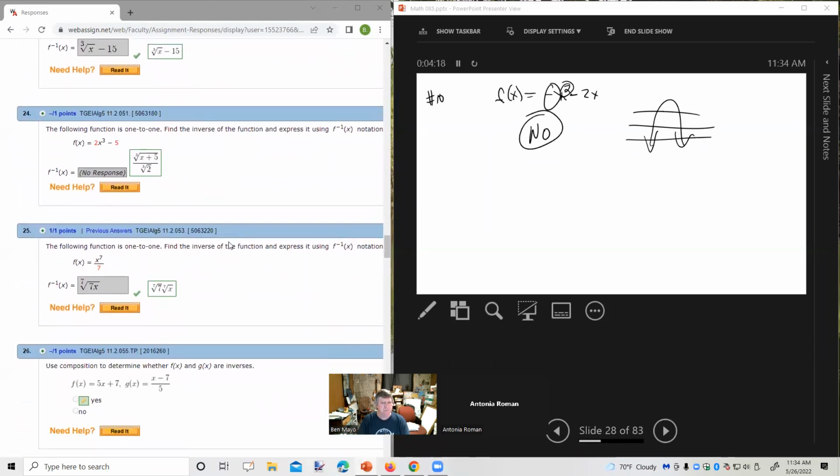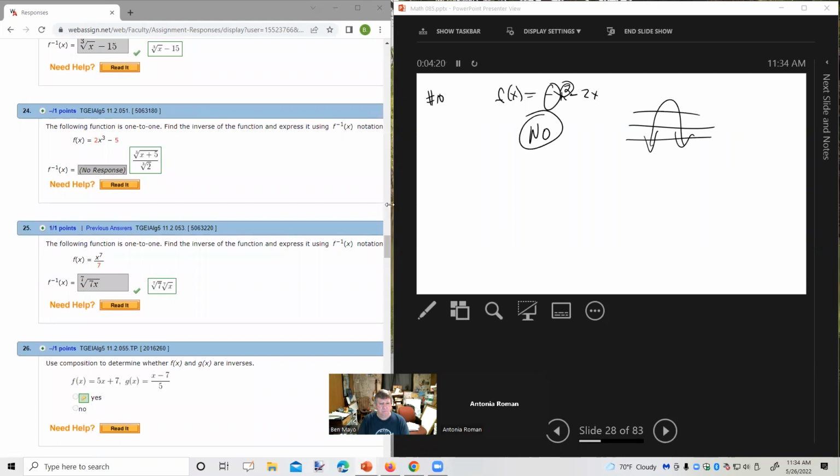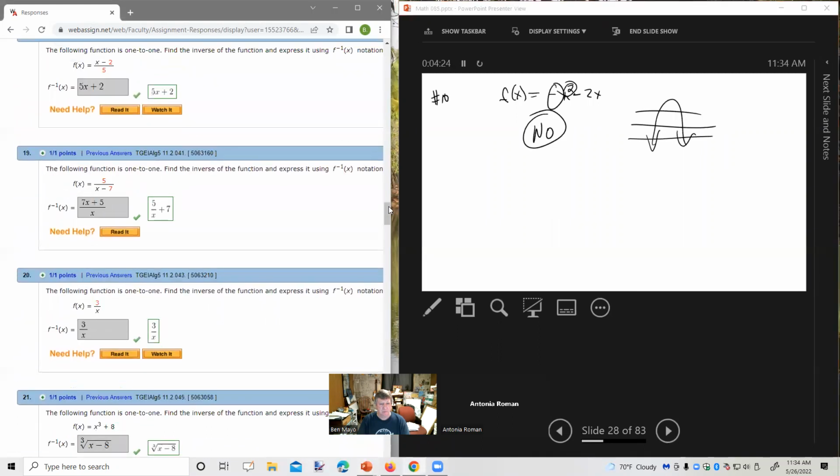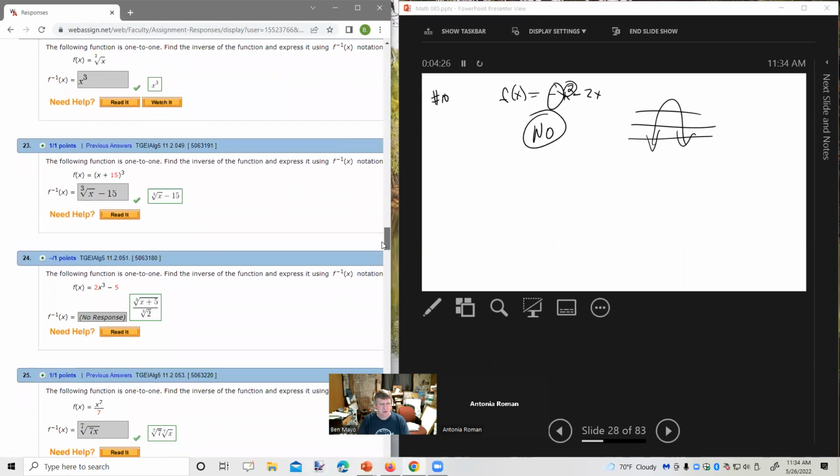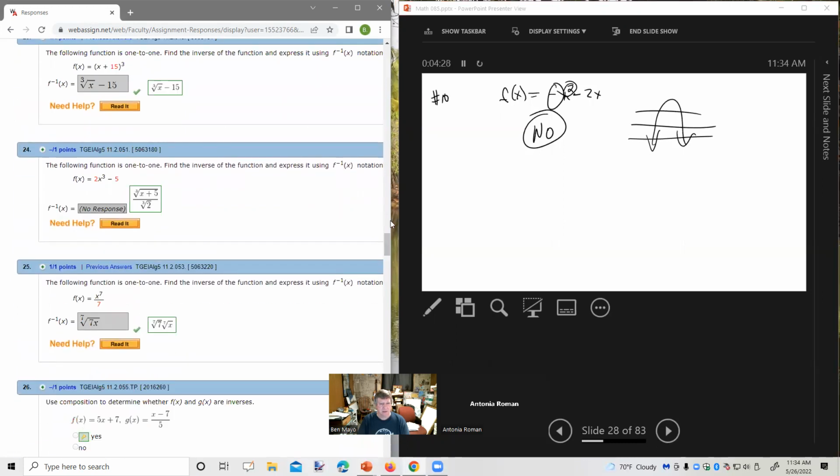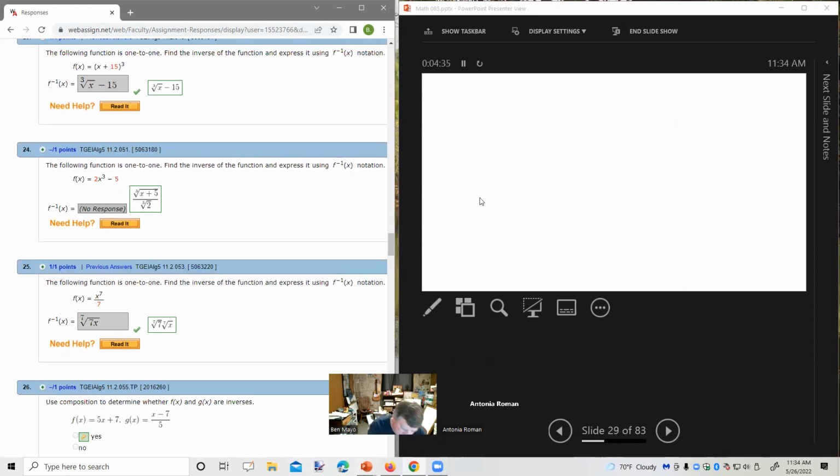Okay. Next up is 24. The following function is 1-to-1. Find the inverse function and express it using f inverse of x notation.